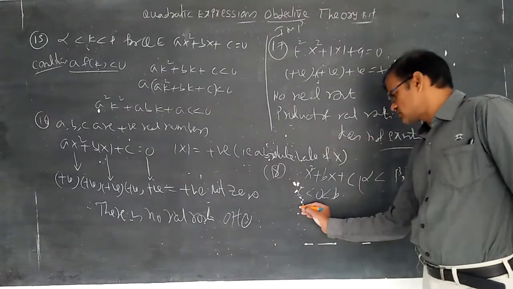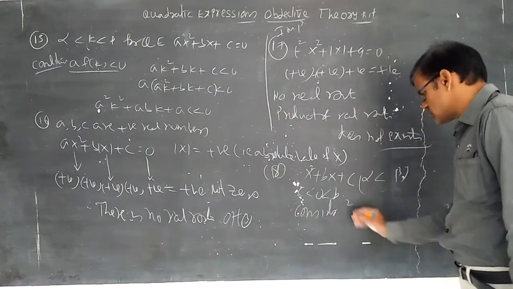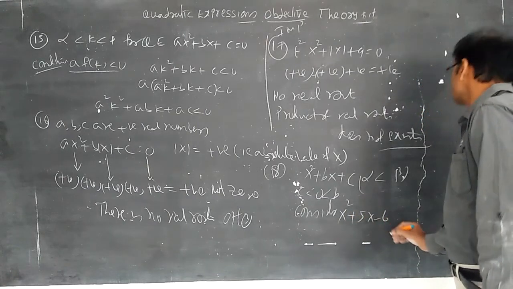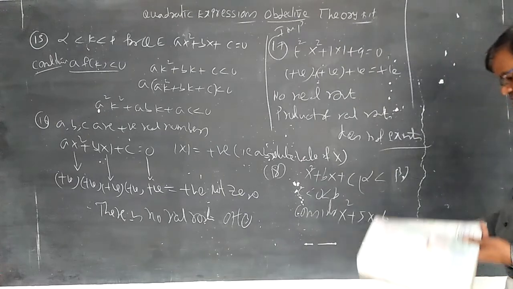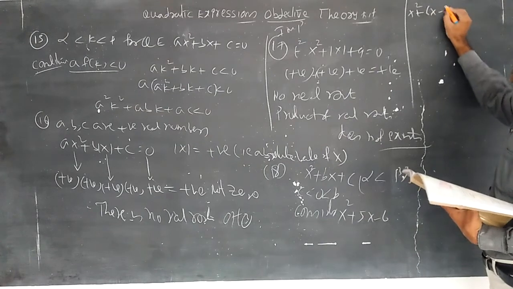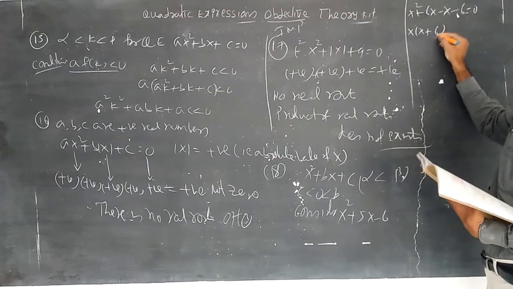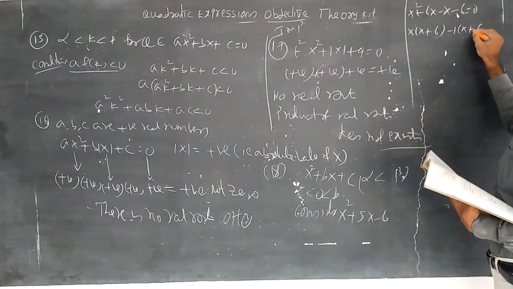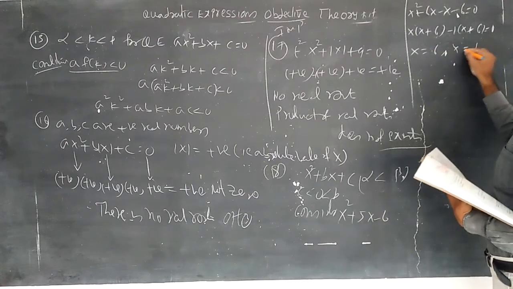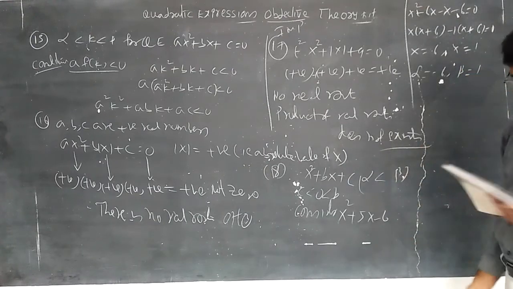So we can consider x square plus 5x minus 6. Write it as x square plus 6x minus x minus 6 equal to 0. Taking x common, x plus 6, and minus 1 common, x plus 6 equal to 0. So x is equal to minus 6, x is equal to 1. So alpha is equal to minus 6, beta is equal to 1.